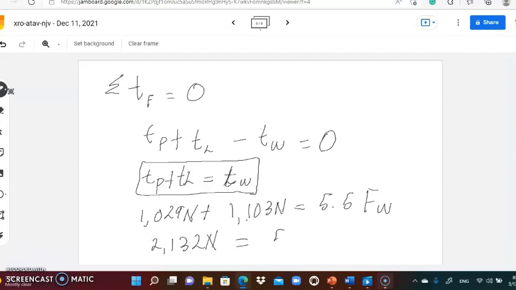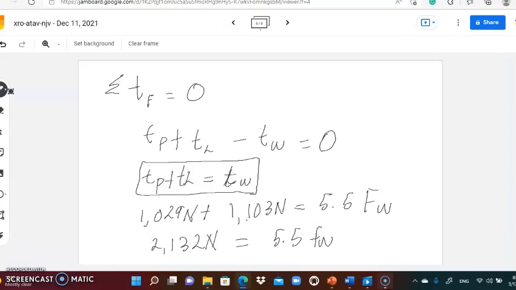And that is going to be equal to 5.5 times the force due to gravity.